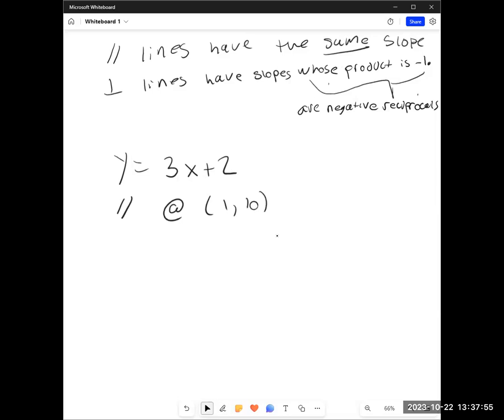That's important, because otherwise I'm going to get the same equation. My slope here, because I'm going to have the same slope, is m equals 3, and my point is (1, 10).